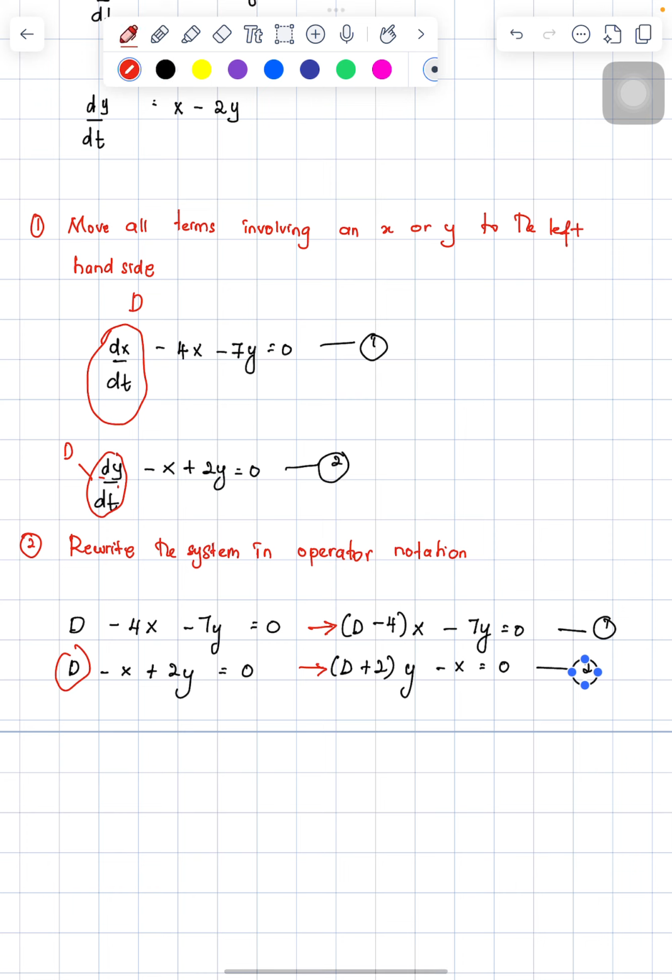Then the third step: solve the system by elimination. First, we want to eliminate x.